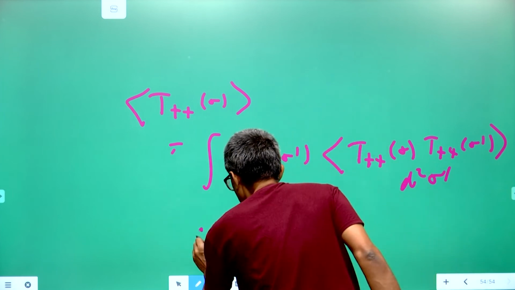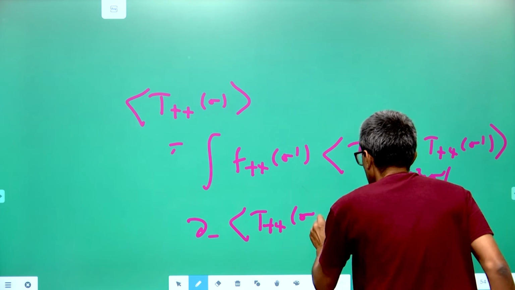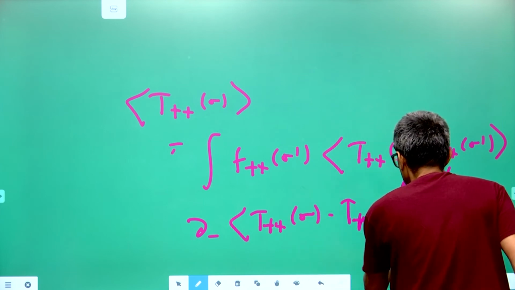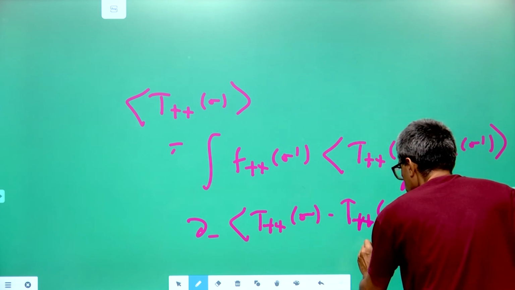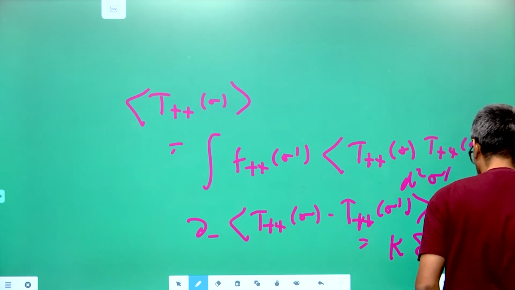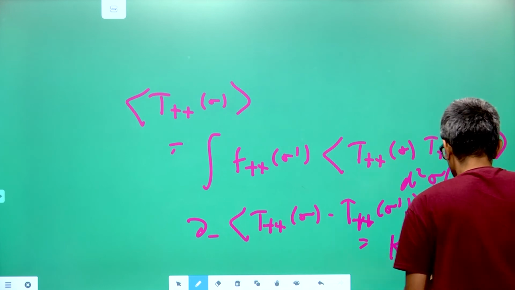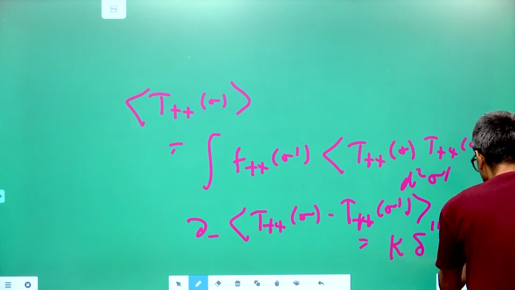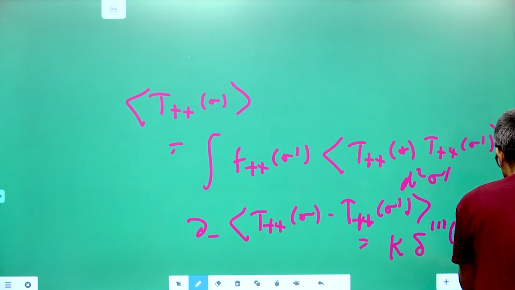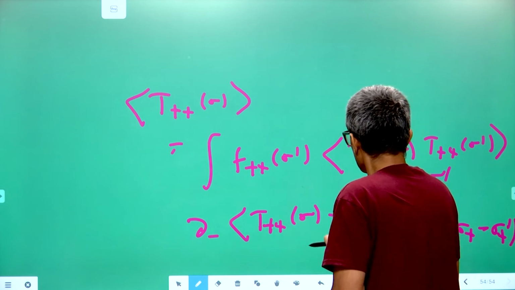We have already just seen that dou minus of T plus plus of sigma into T plus plus of sigma dash is equal to a constant times a triple delta function at sigma plus minus sigma plus dash. We will just see this equation hold good.